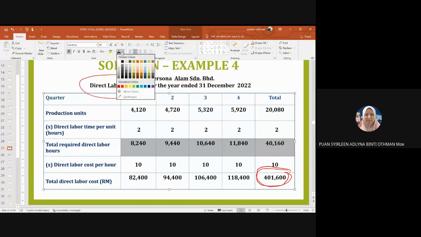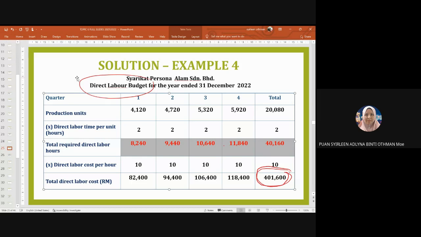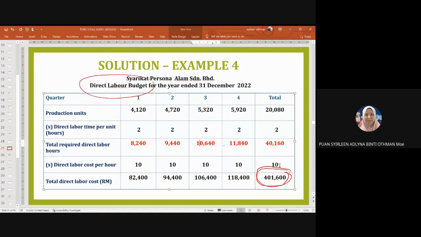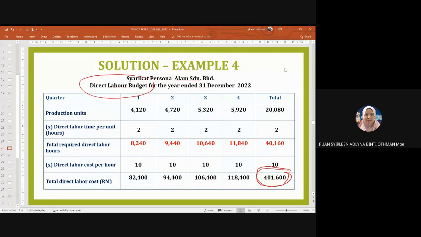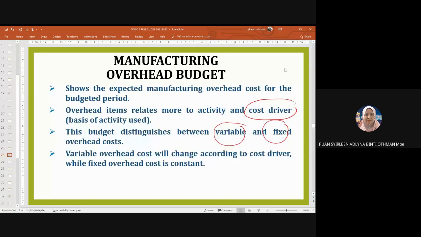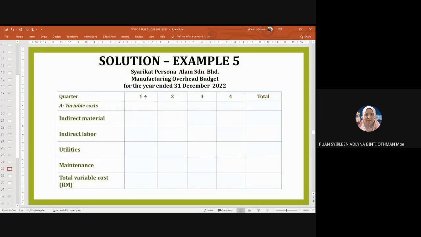This is your direct labor hour. 8,240, 9,440. So ini akan jadi cost driver. You bukan darab RM2, you akan darab dengan total dekat sini. Okay. So bila kita buat manufacturing overhead budget, you akan tarik figure ni bawa ke sana. Alright. So your variable cost tu nanti you are going to fill up lah here.